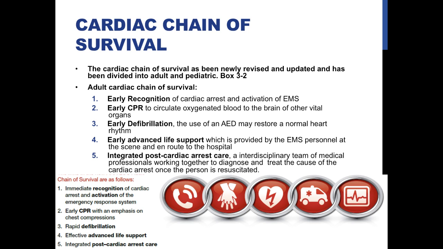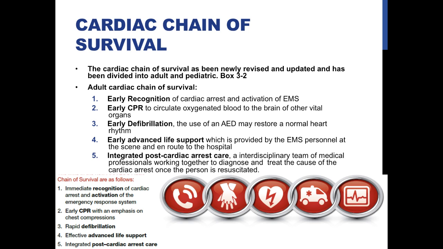Number 2 is early CPR, so being able to circulate that oxygenated blood to the brain and other vital organs of the body will help keep the person alive. Step 3 is early defibrillation, the use of an AED. You're going to learn this shortly, but the AED can actually restore a normal heart rhythm in the person. Step 4 is early advanced life support, which is provided by the EMS personnel at the scene and en route to the hospital.